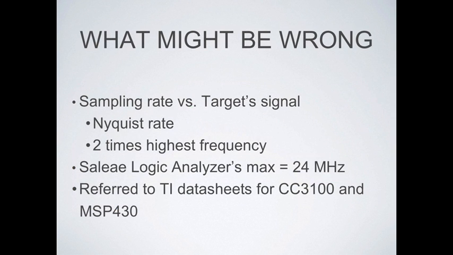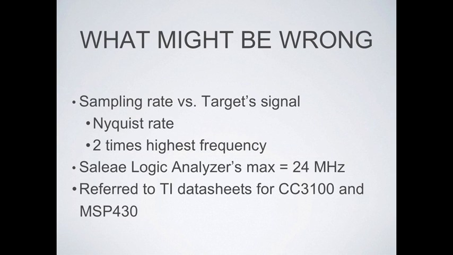What might be wrong is that my sampling rate is too low. Typically you want to sample at the Nyquist rate, which is 2 times the highest frequency. In this particular example, my target's frequency was set to 12.